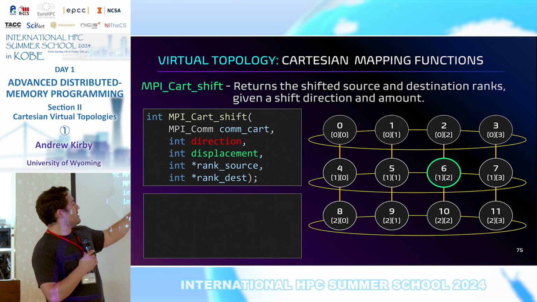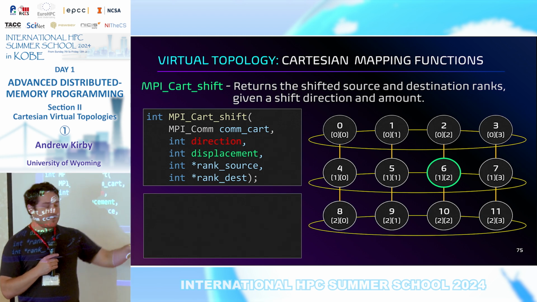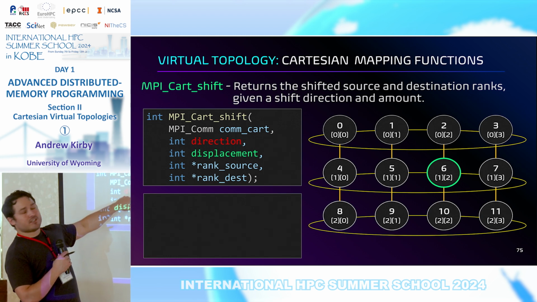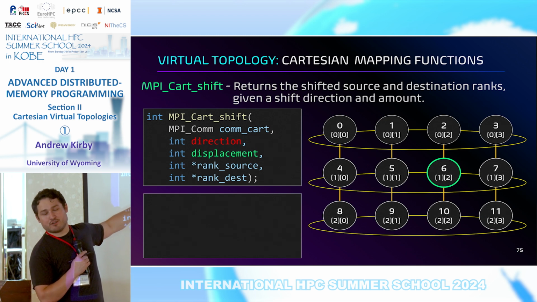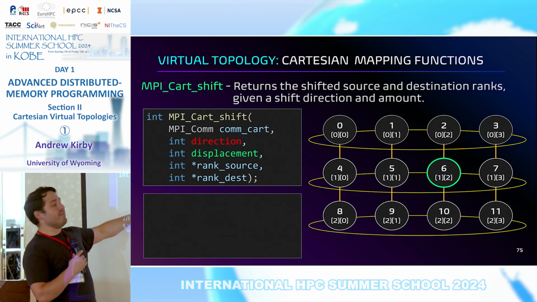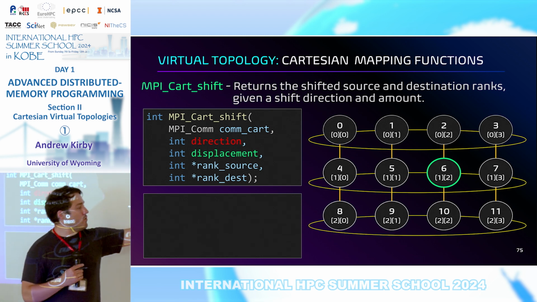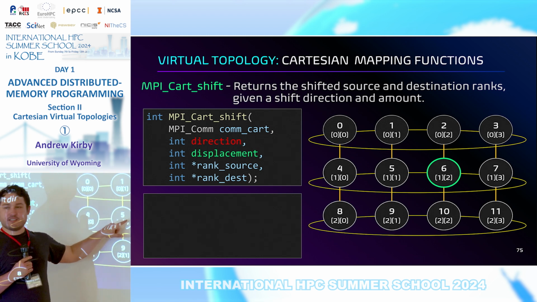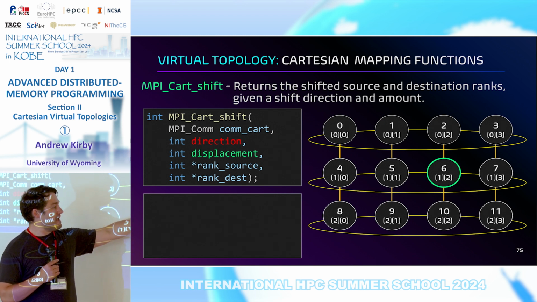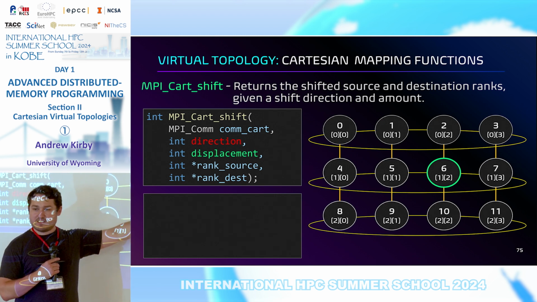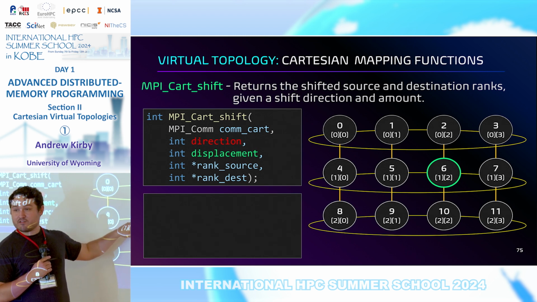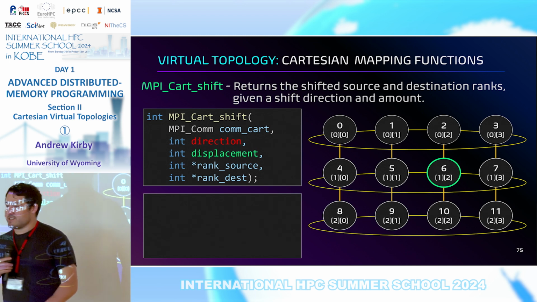If we say shift +1 in the x direction, so 0 with index dim, and then displacement +1, I can ask, who am I sending to? Who am I receiving from, right? So if I imagine I'm sending like this, positive, okay? Then I can get these ranks, which is where the power comes in, okay?